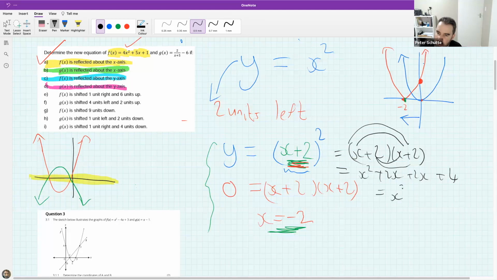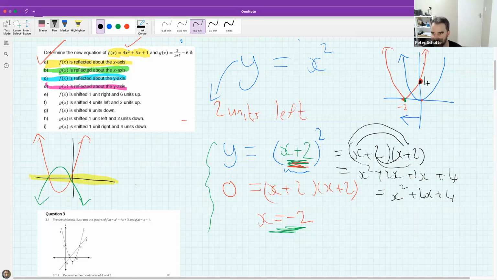So y equals (x plus 2) squared, the original graph moved 2 units to the left, can also be written as x squared plus 4x plus 4. And that 4 is up here. This would be the y-intercept. So I think if you can hold this picture in your head, when you move it left or right, the algebra and the picture agree. They don't say different things. They say the same thing.